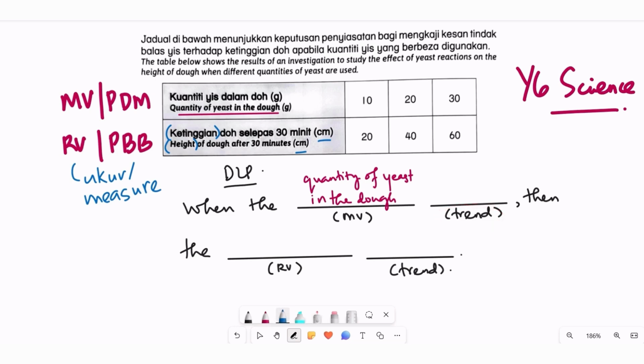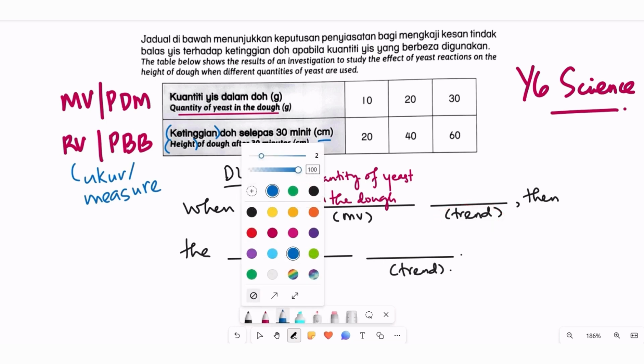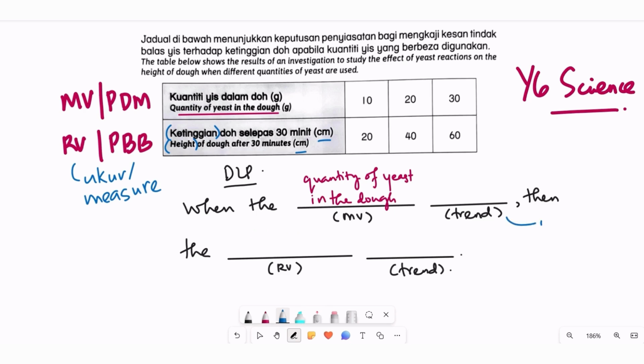In English, when we want to answer trend questions, we usually use the word increases or decreases. So what's happening to the 10 and the 20 and the 30? What's happening to the yeast? It's increasing, isn't it? So we put here increases.